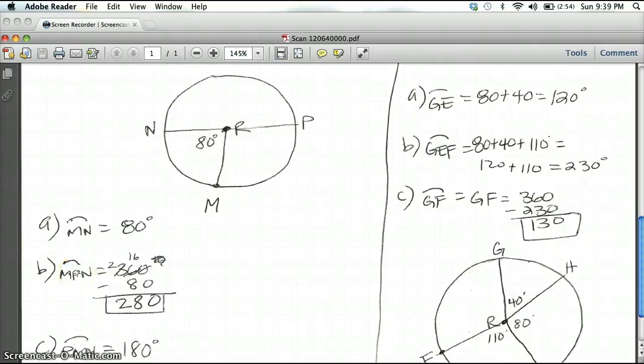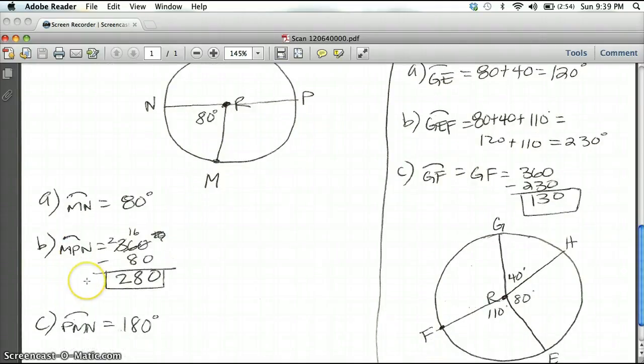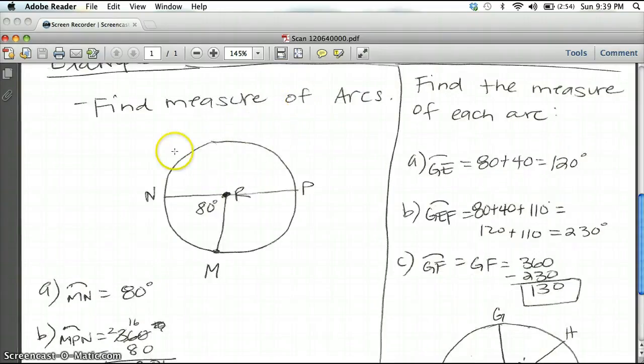And then the second arc it asks us to find is arc MPN. Now notice, M, P, and N is larger than 180 degrees. And this arc here, MN, is 80 degrees.